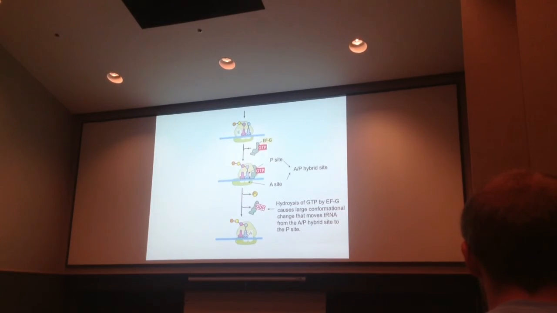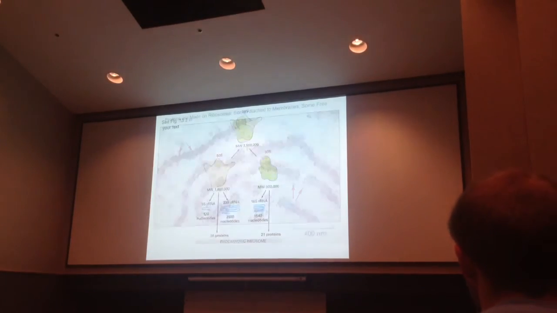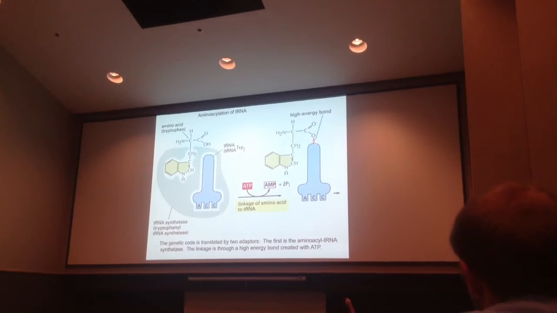Does it need energy? Well, it does need energy, right? There it is right there. It's in that high energy acyl linkage. Once you activate this and make that linkage there, that's a high energy linkage. So the energy for the peptide bond comes from this bond here that is dissociated.